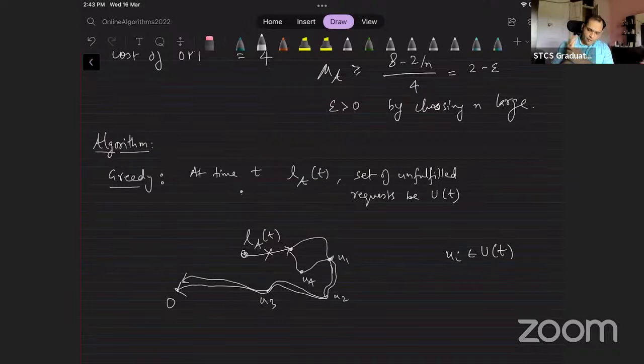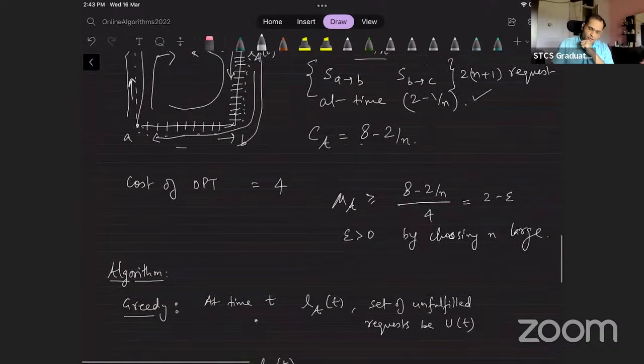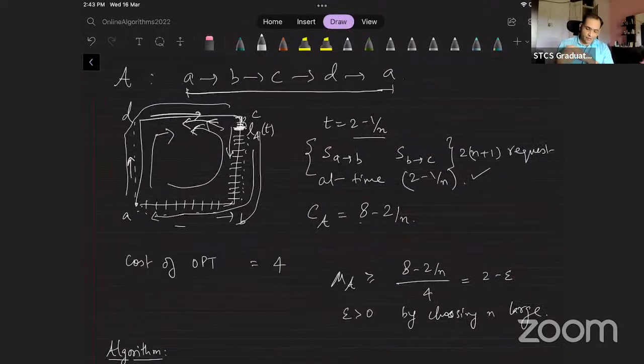So suppose you're following this algorithm, what will be a bad input? And also another question, on this example, what will this algorithm do? Let's just look at that. At time 0, everything was revealed. So definitely you will be here, either this way or that way.